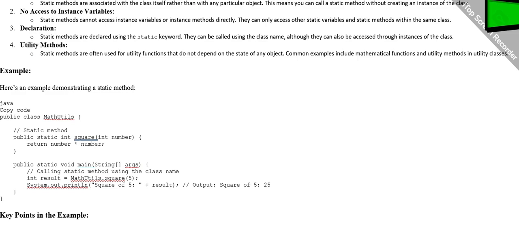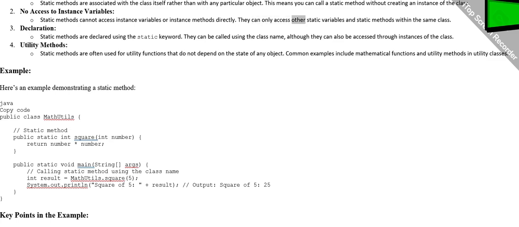Class-level association. Static methods are associated with the class itself rather than with any particular object. This means you can call a static method without creating an instance of the class. No access to instance variables. Static methods cannot access instance variables or instance methods directly.